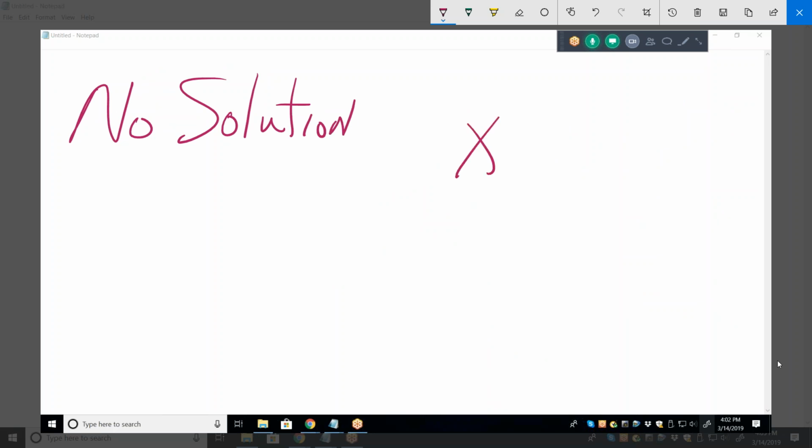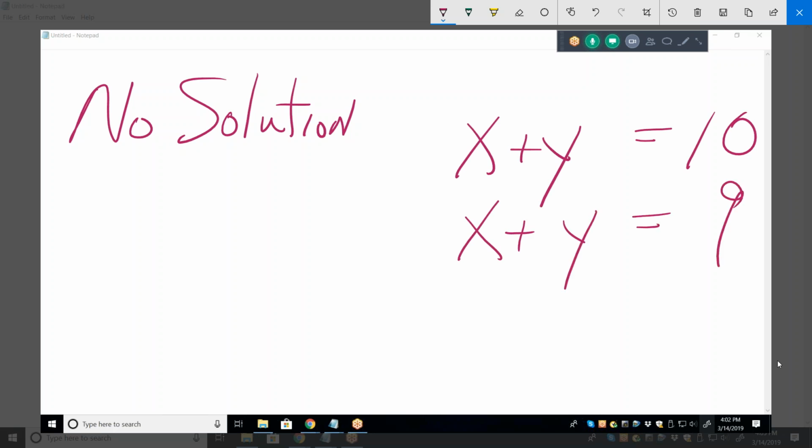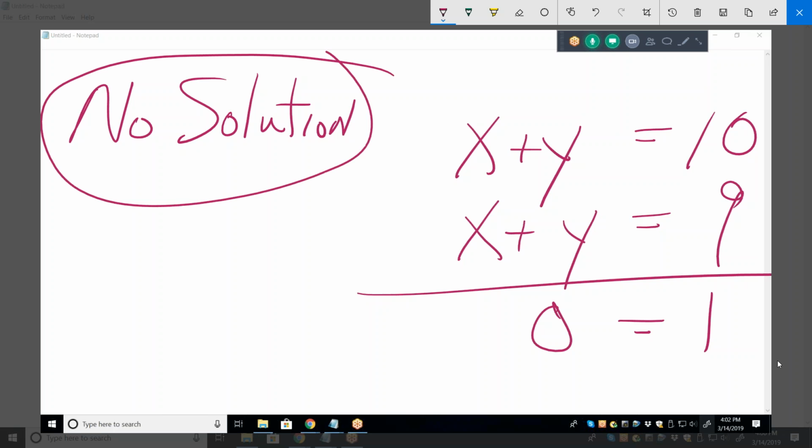If I tell you x plus y equals 10, and also x plus y equals 9, if you try to solve that, you get 0 equals 1. In other words, you get one number equals a different number. Since that's impossible, that means there's no solution.